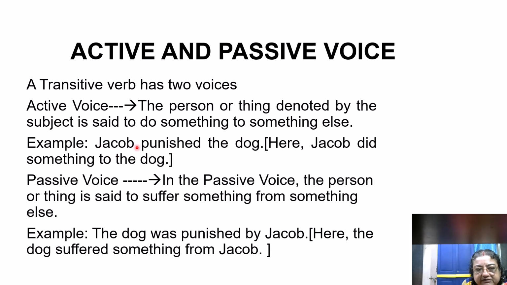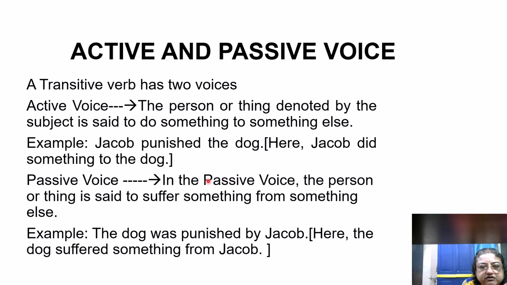Here the subject is Jacob. He is directly doing the action, that is, punished. Whom? The dog. So this dog is the object. So this verb is a transitive verb, and this verb has an object. So this is what we call active voice, and this active voice you can convert into passive.